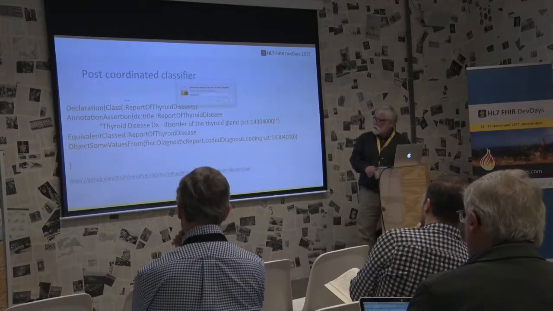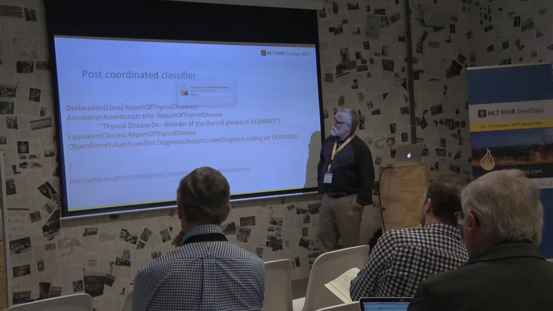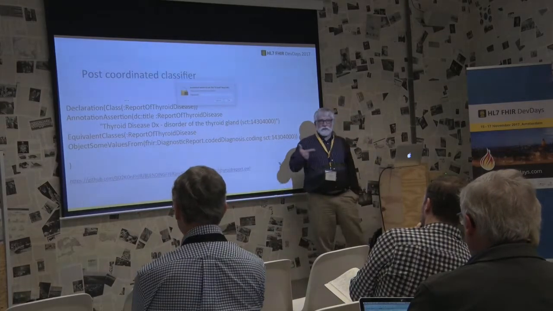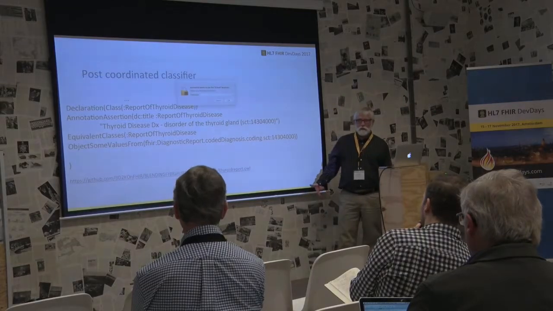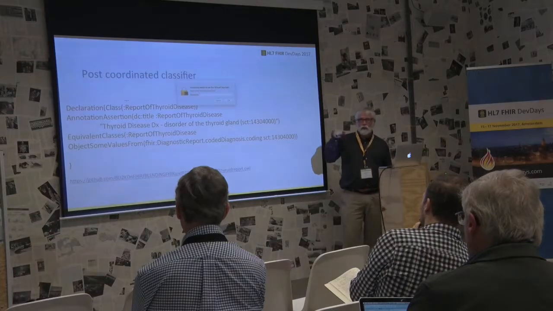Now the classification is pretty simple. What I'm interested in here is I want a report of any thyroid disease. Now note, I have a very specific disease, which is malignant neoplasm, and I have a very specific location, which is the left lobe of the thyroid gland.